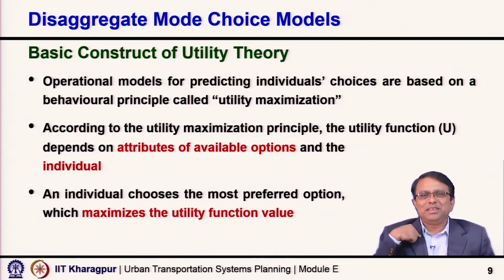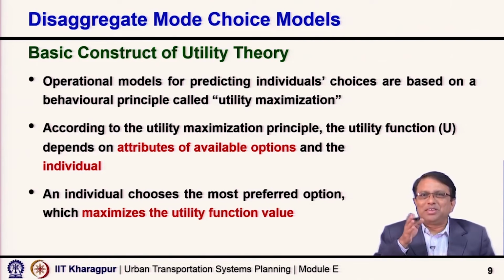If I am making a decision based on my socioeconomic and trip characteristics and based on the alternatives available to me at that time, their attributes and current levels, I will choose according to utility maximization that alternative which will maximize my utility.